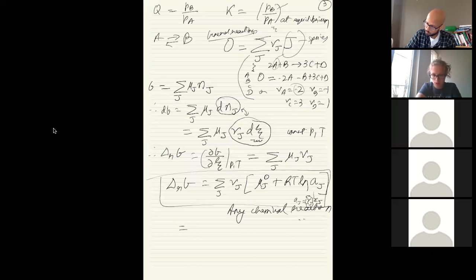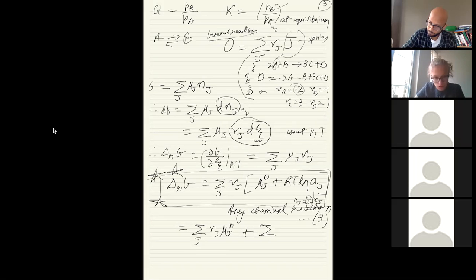Furthermore, let's call this equation 3. This is super important. Like I said, this is so general. We can write it as summation J, nu J, mu J naught plus RT, RT comes out. Let me clean that up. Summation J, nu J, ln AJ.